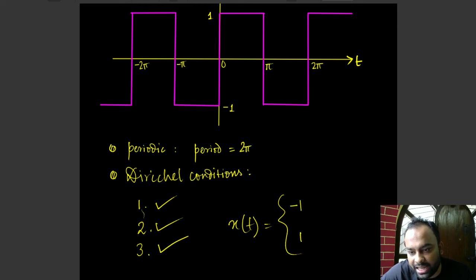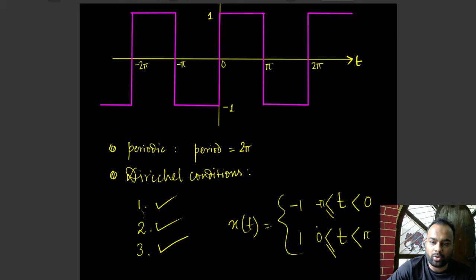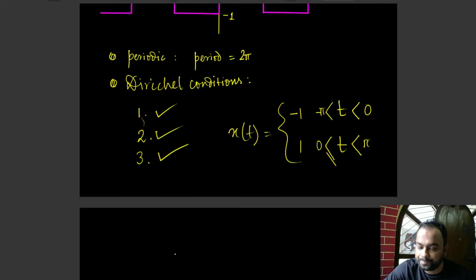The signal has a value of -1 when time is between -pi and 0, and it has a value of 1 when time is between 0 and pi. I do not really care about the equal-to signs, so imagine this is the condition.